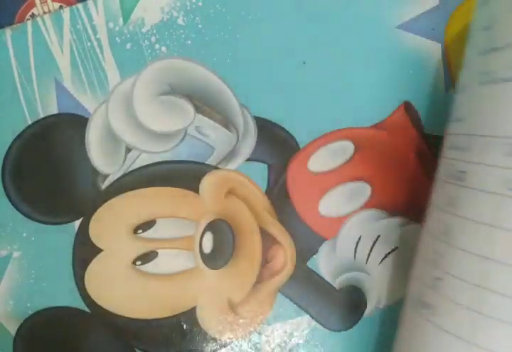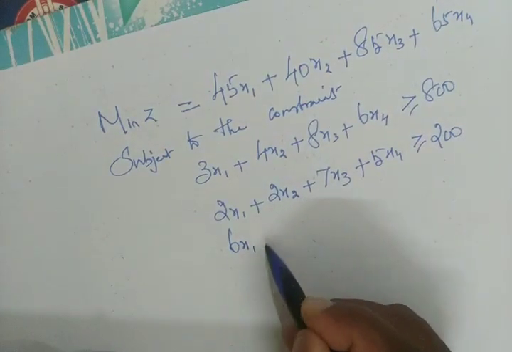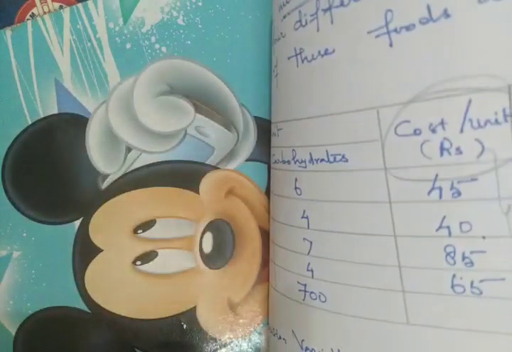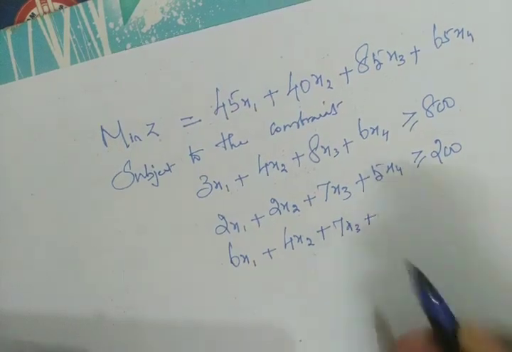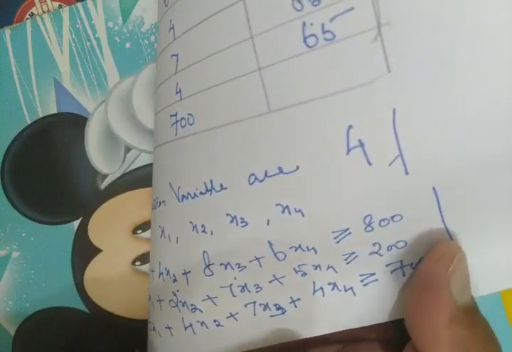The last constraint is 6x1 plus 4x2 plus 7x3 plus 4x4 greater than or equal to 700.